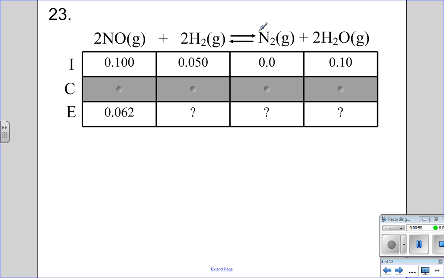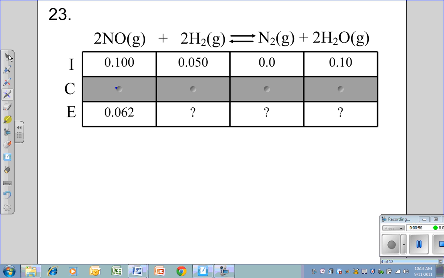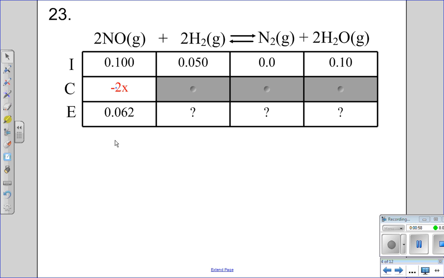From the equation, I can tell that we've got minus 2x, that this side, the reactant side, has to disappear, because the only thing this can do to get to equilibrium is to create nitrogen gas, because it was starting out at 0.